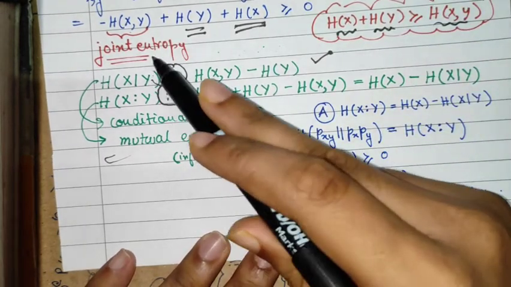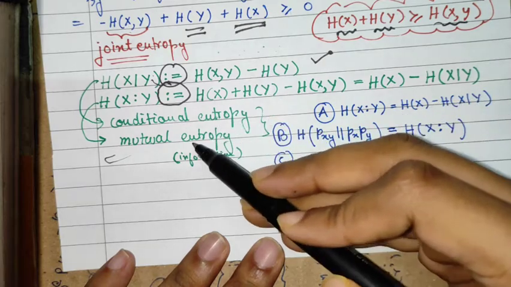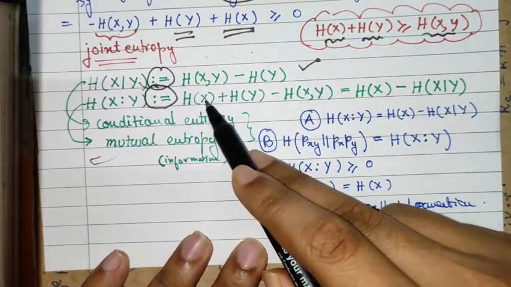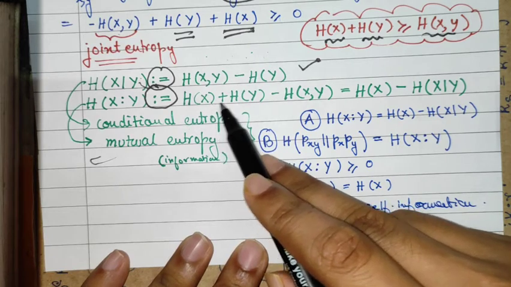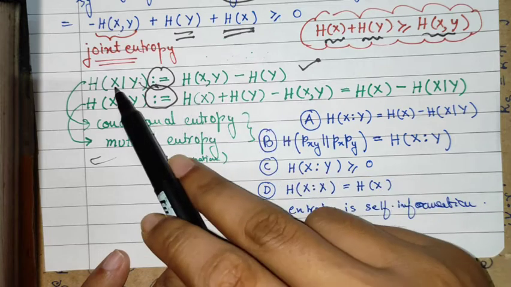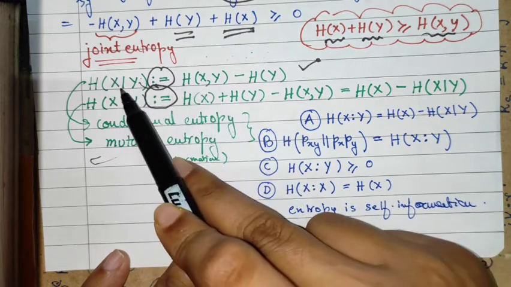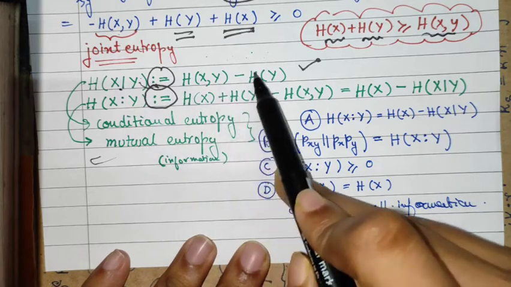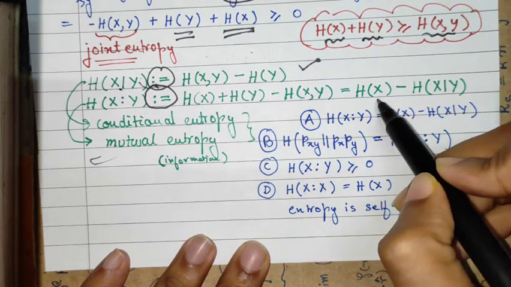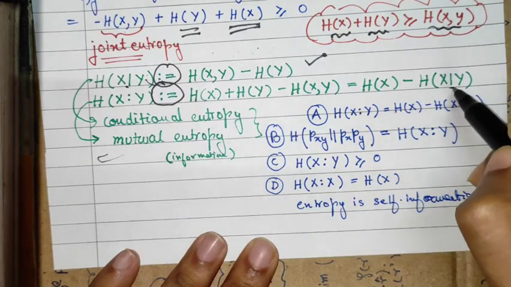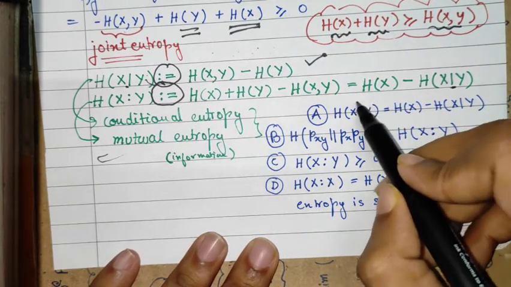So we have joint entropy, conditional entropy, and mutual entropy. Now let's look at this part, H(x) plus H(y) minus H(x,y). We can substitute the conditional entropy equation here to get the fact that the mutual entropy and the conditional entropy are related in this fashion.